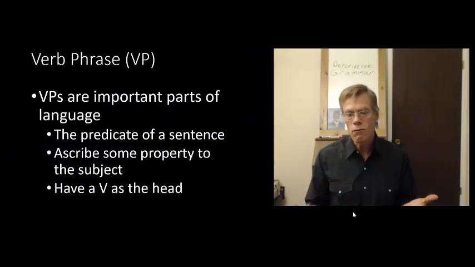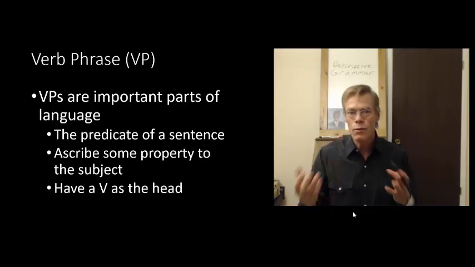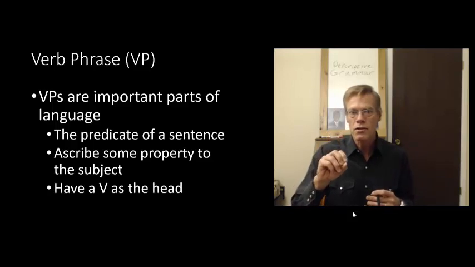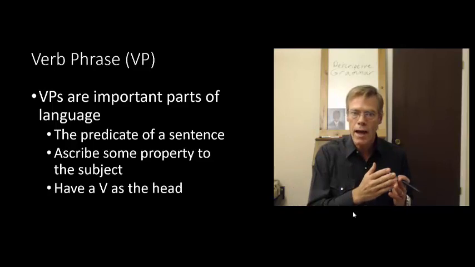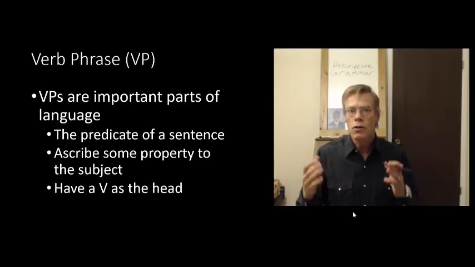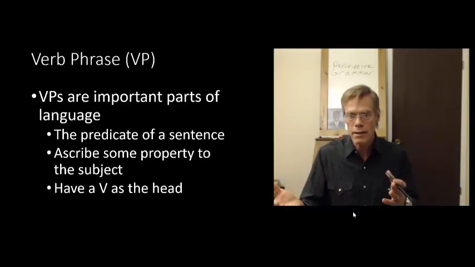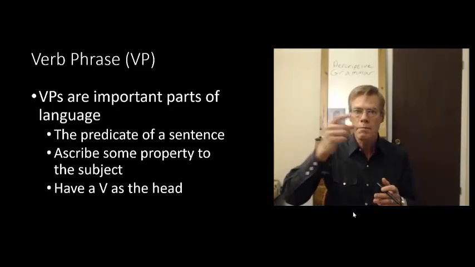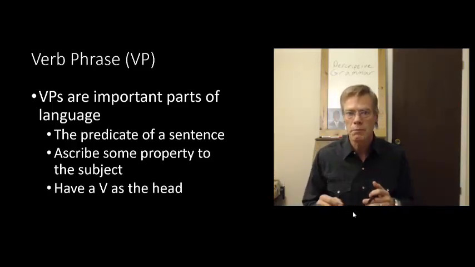Verb phrases are an important part of language. We typically divide a sentence into two units. There's the subject on the one hand and the predicate. Subjects are noun phrases, predicates are verb phrases. The verb phrase, the predicate, typically ascribes a property to the subject.